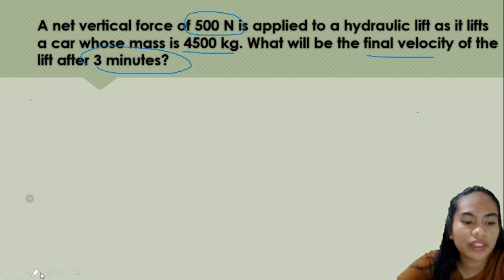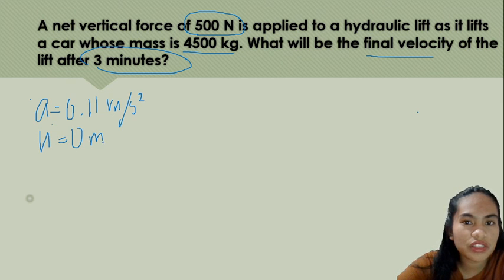So we have here the final velocity. The acceleration is equal to 0.11 meters per second squared. Your initial velocity is 0 meters per second. So your final velocity now will be what?